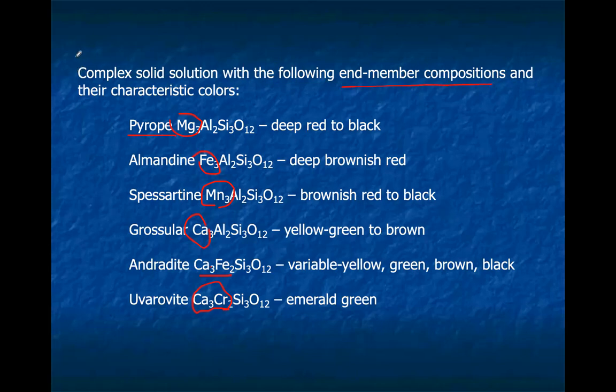and because of this complex solid solution behavior, garnet has a variable composition. You know the solid solution behavior is controlled mainly by temperature, as I mentioned, because of physical parameters, and also pressure dependent in some cases.